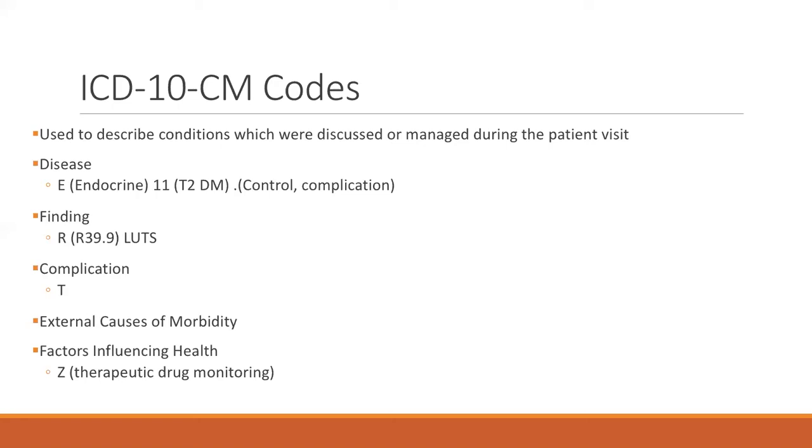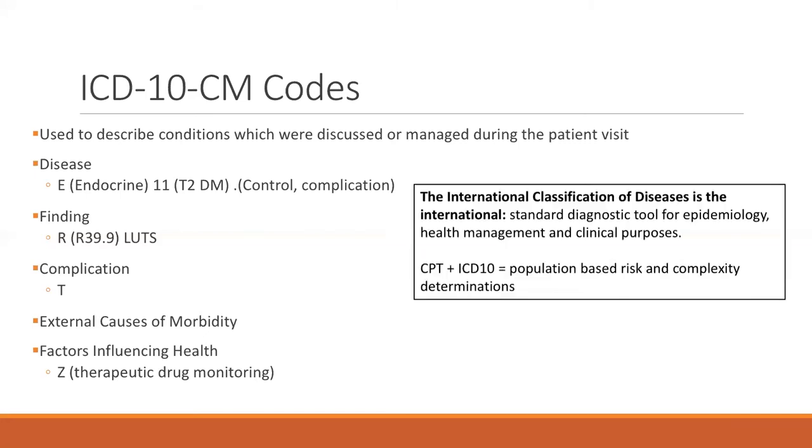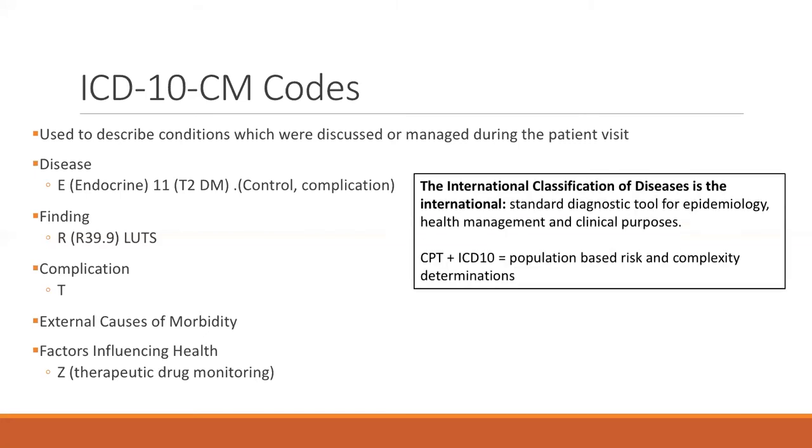So there are codes that will indicate what the diagnosis is for a patient. These are generally the disease codes, and these are in the first alphanumeric sets of codes from A all the way through just before the finding codes, so just before R. An example here is the E code set, which are the endocrine system codes, and E11 is the type 2 diabetes code.